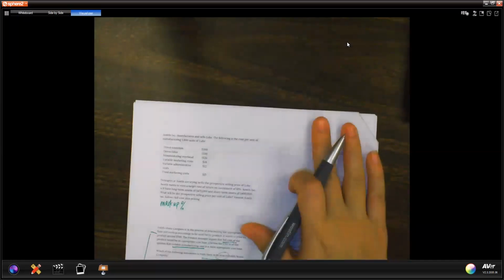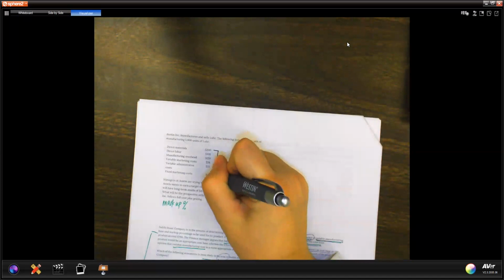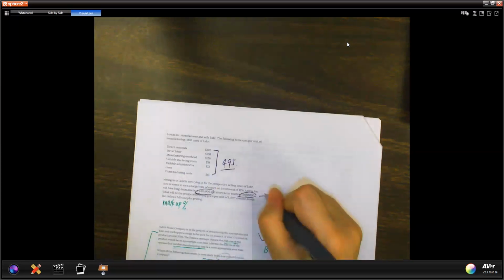And then lastly, I have to show the work on how you get the numbers, right? How do you get the numbers? For this one, we said your full cost is 495, and then you have long-term assets, you have short-term assets. So your total assets, which is also our investment, is 475,000 plus 400,000 gives 875,000.